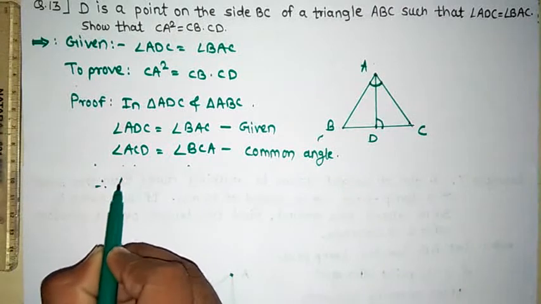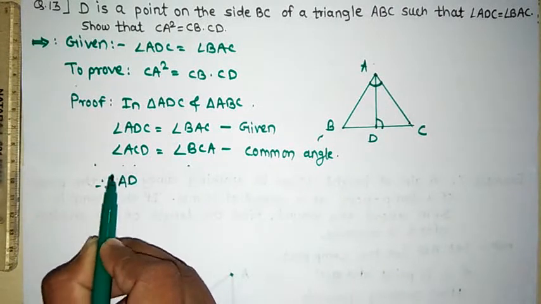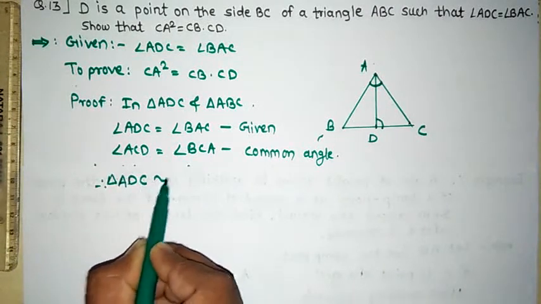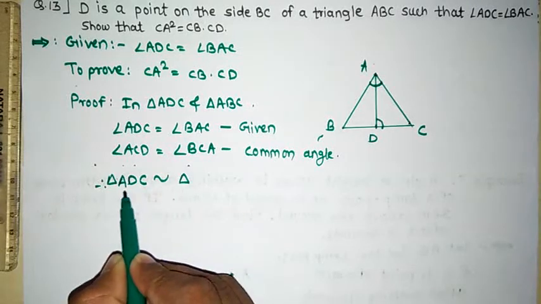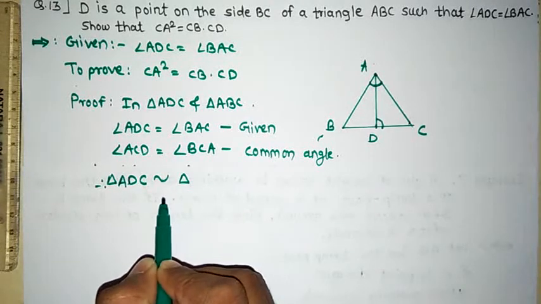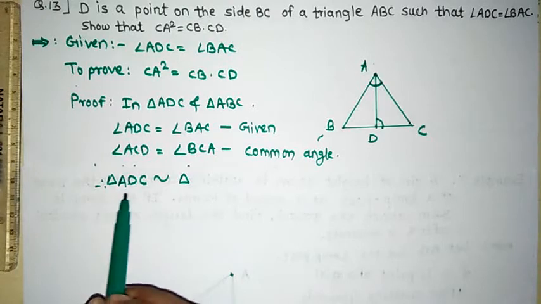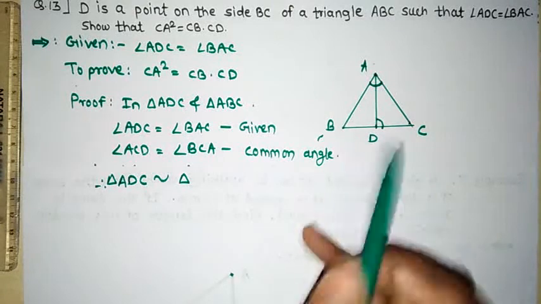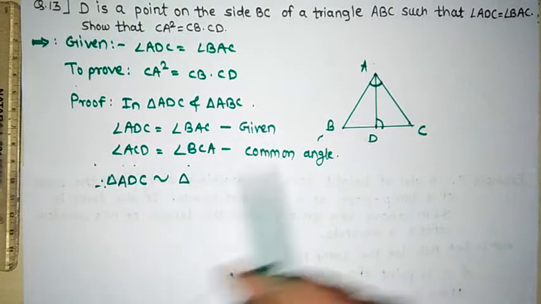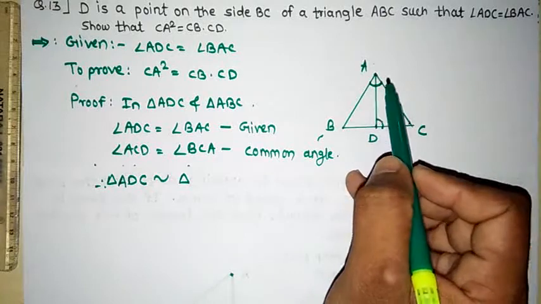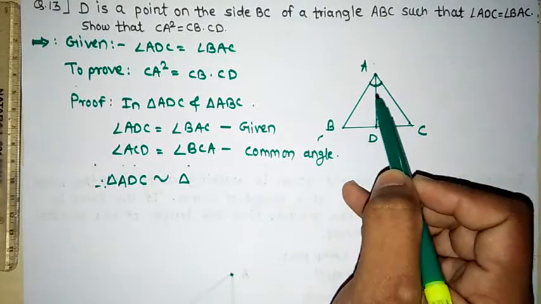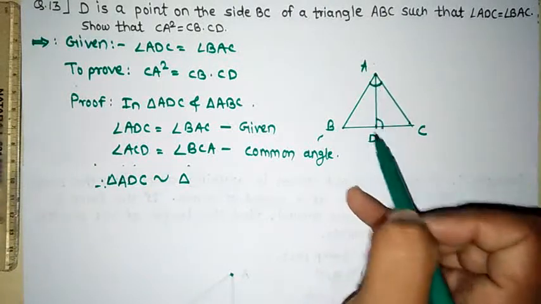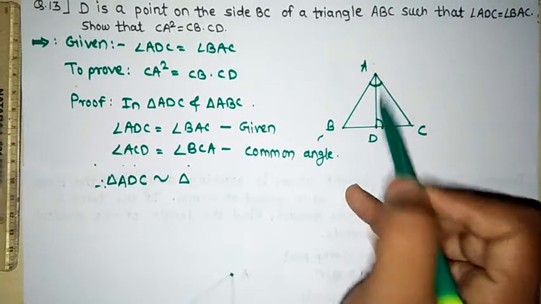Therefore, triangle ADC is similar to triangle. While writing the similarity, we have to take the respective vertices. Vertex A corresponds to vertex B here. How to check this? First, vertex D corresponds to vertex A of triangle ABC. Vertex A of triangle ABC corresponds to vertex D of triangle ADC.